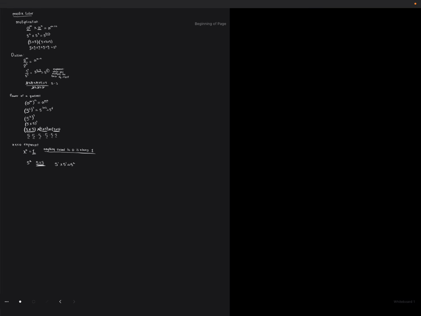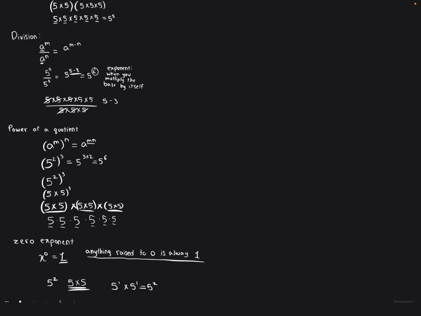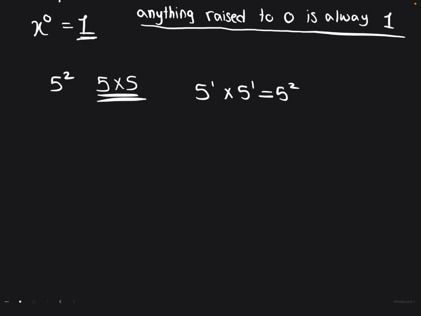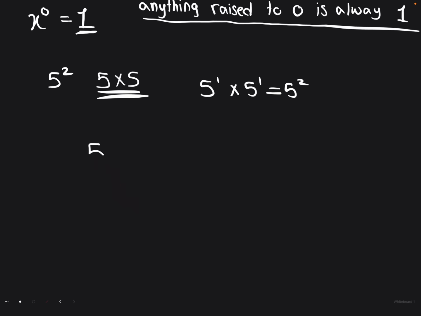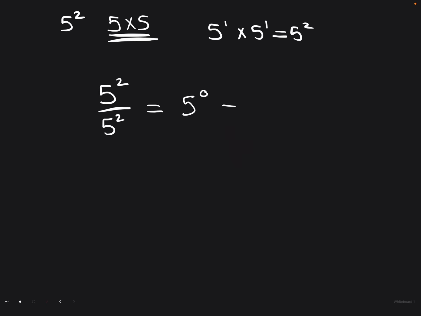But when you're dividing something, you subtract the exponents. So let's say you have 5 squared over 5 squared itself. You would subtract to get an answer of 5 to the 0, which is also equal to 1.